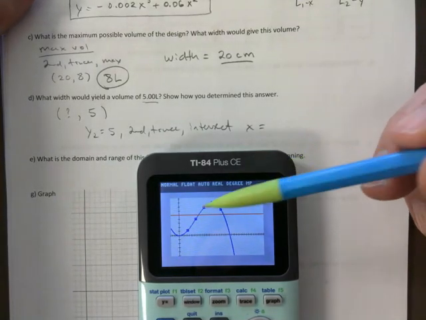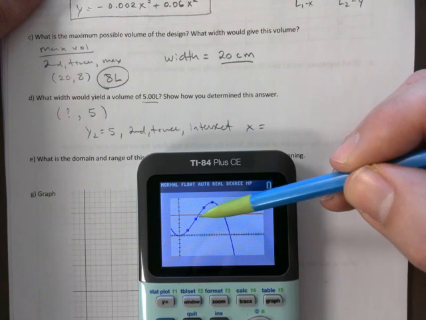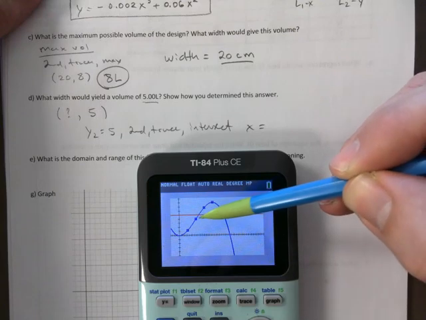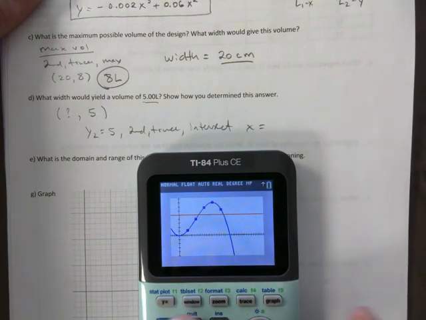And notice what's happening here. This goes back to the quadratic one last year with the areas. It happens twice. Okay, so we need to find both of them. Second trace, 5.